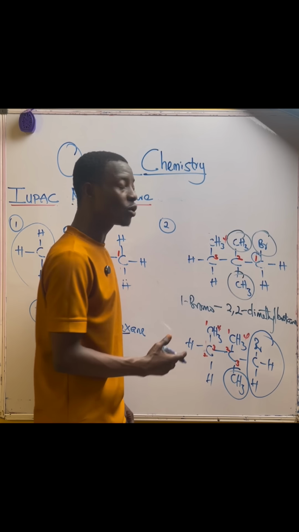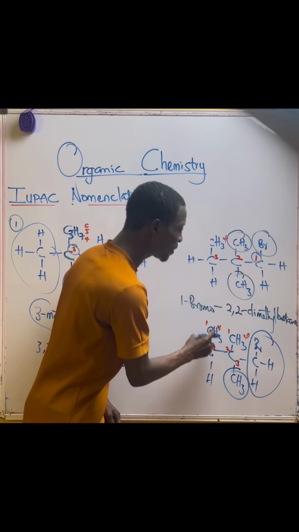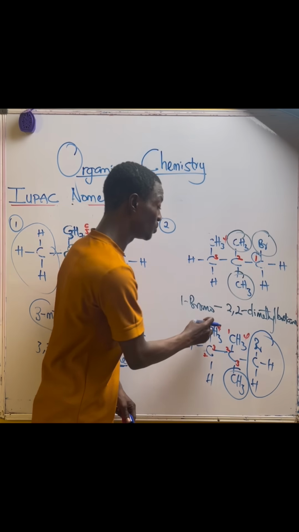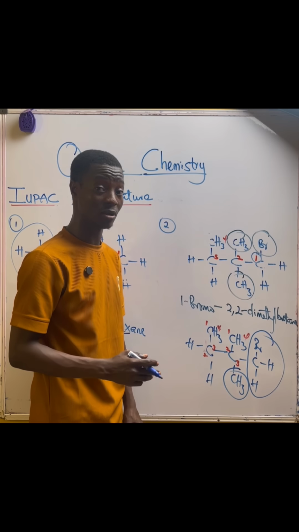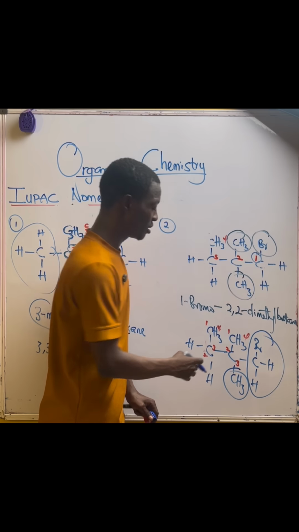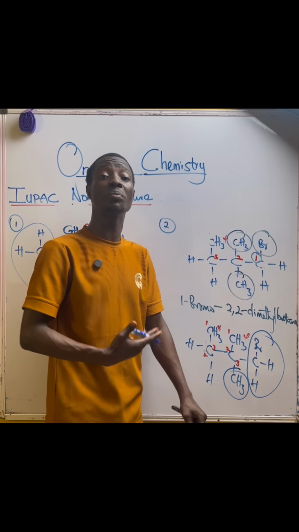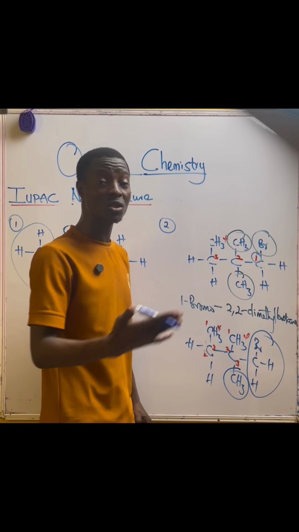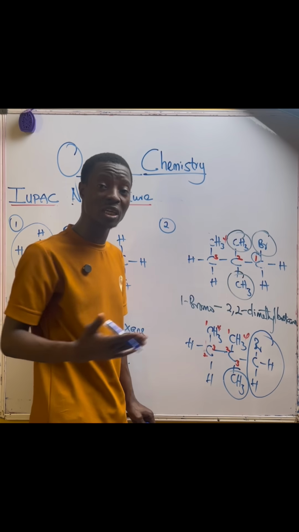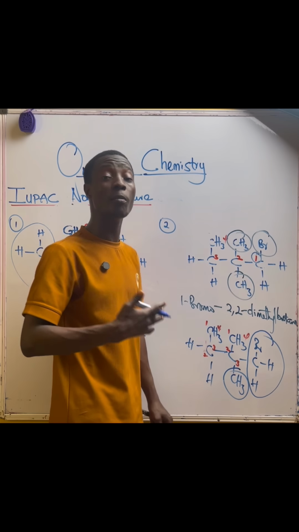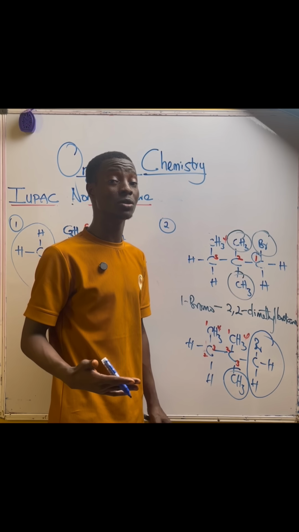Do you understand? So despite this being your longest carbon chain, you must check your substituents to see if it is something you can name. But if it's not, you check if there is another longest carbon chain that will make the work much simpler for you. Does that make sense?